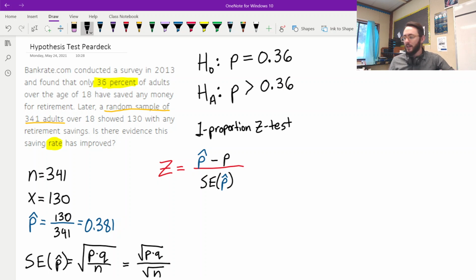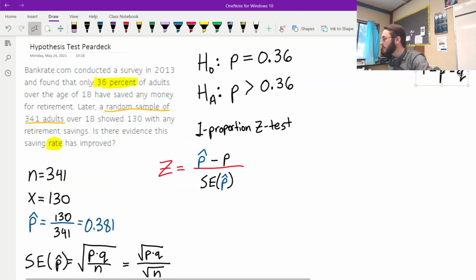For this distribution, it would have a standard deviation of the square root of p times q, q being 1 minus p. Just a little aside: 1 minus p equals q, exactly like the binomial model.